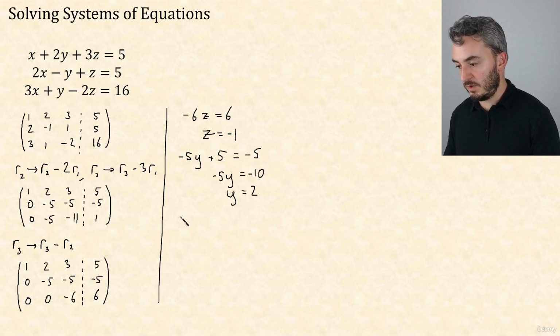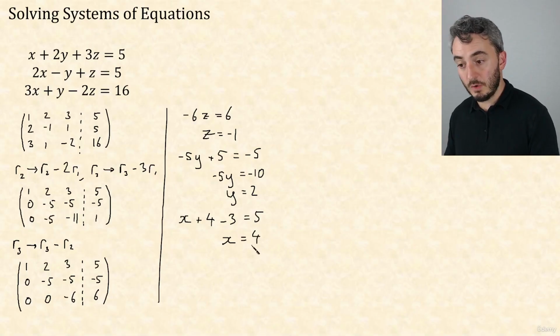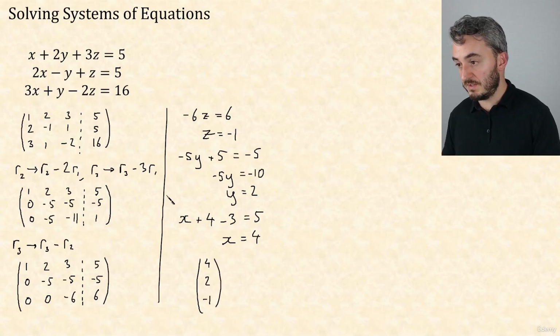And then the first row has x plus 2y plus 3z equals 5. So that gives me x equals 4. Now there's my solution, which I could write as a vector if I wanted, 4, 2, minus 1. And that's the solution to this set of simultaneous equations.